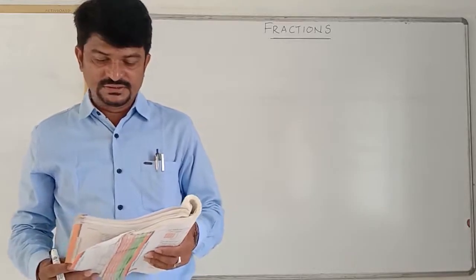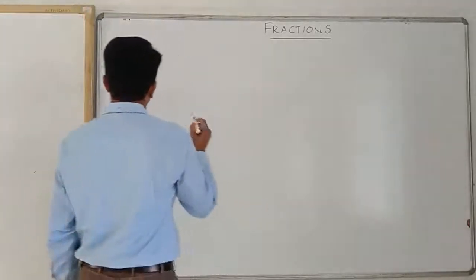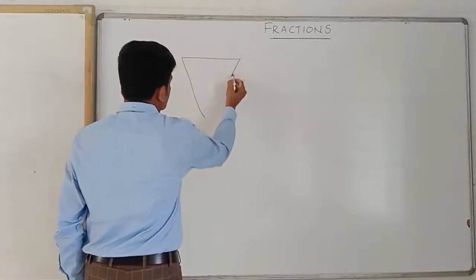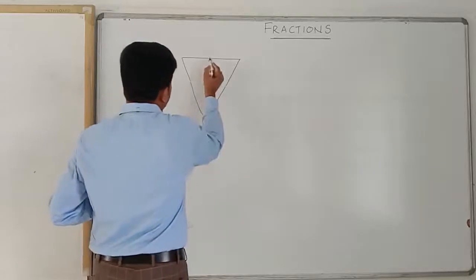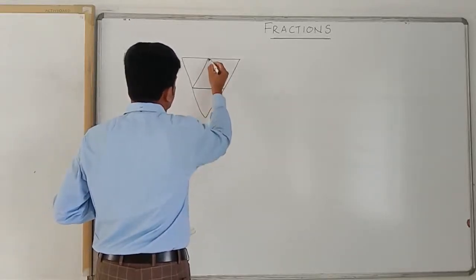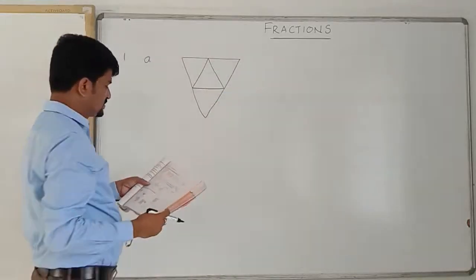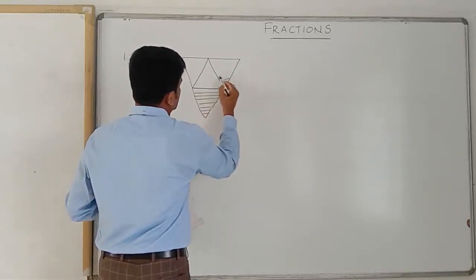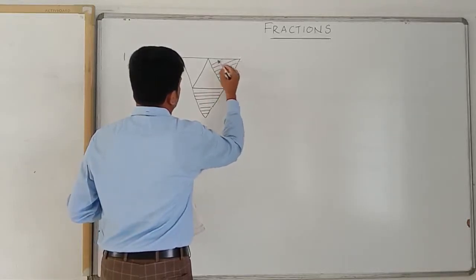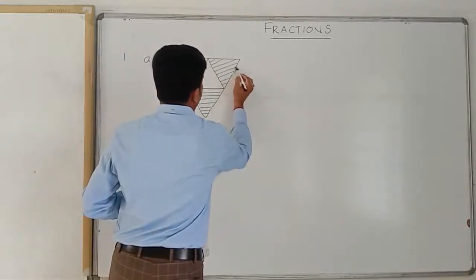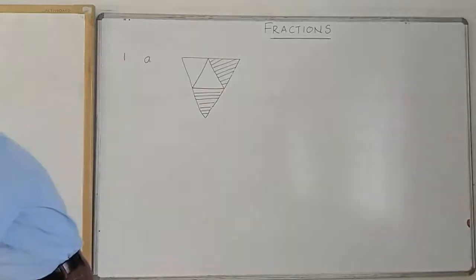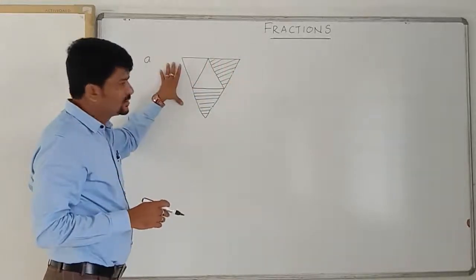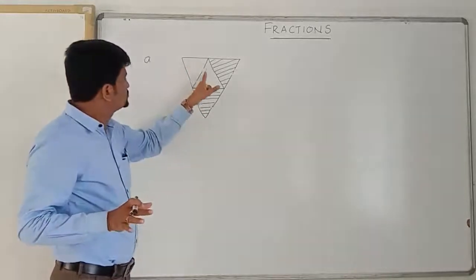Picture A is given like this. See, actually here one object, that is one complete whole part, is divided into how many parts? 1, 2, 3, 4.